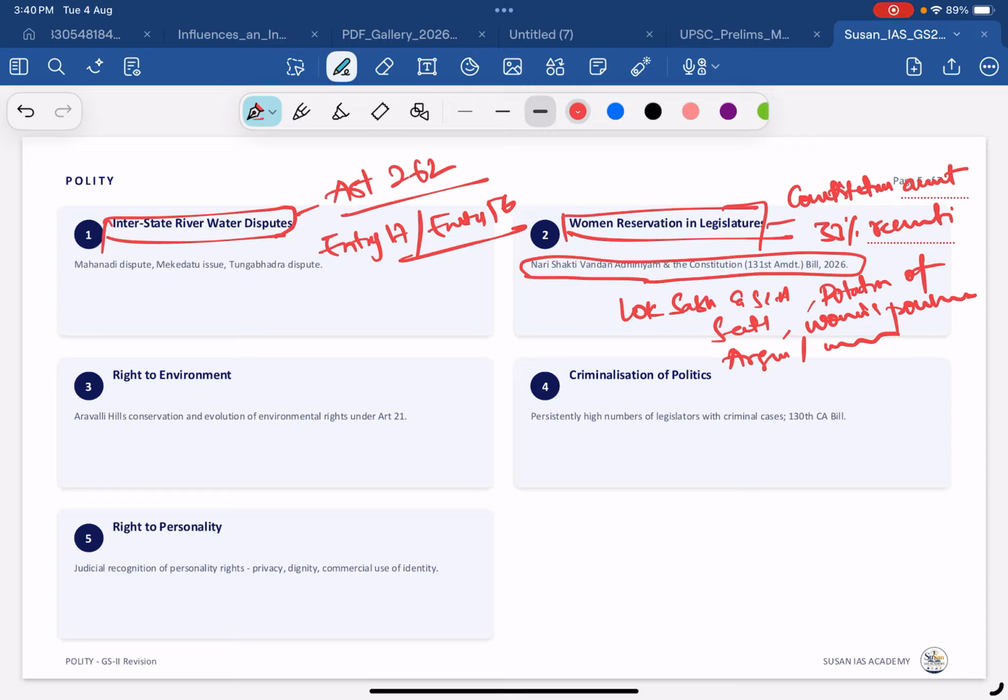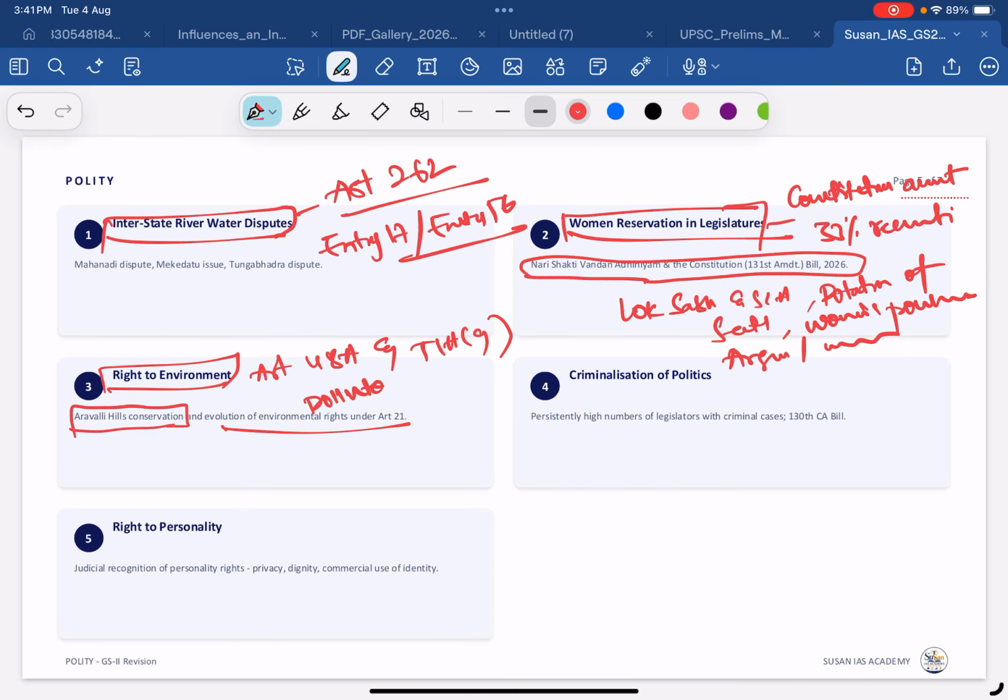Yes. Then another important thing is the right to environment. Recently the Aravalli Hills conservation issue has been going on. So, the evolution of environmental rights under Article 21, and also Article 48A, and 51A clause (g), and the polluter pays principle, precautionary principle, public trust doctrine, sustainable development, environmental jurisprudence, development with conservation.